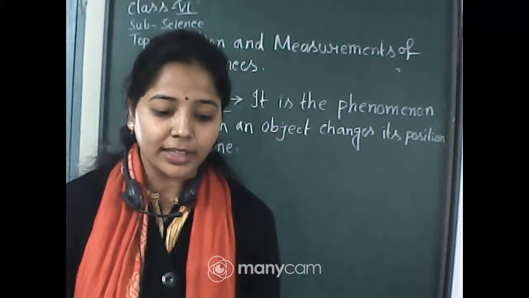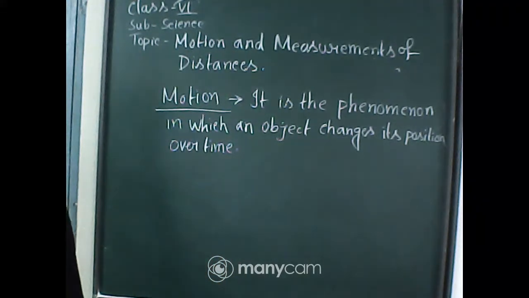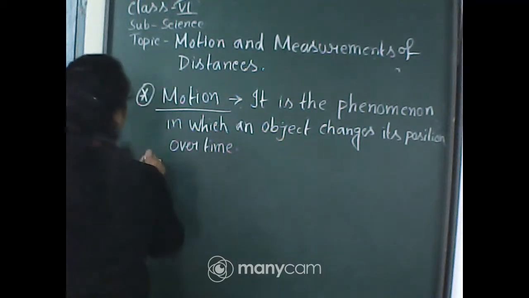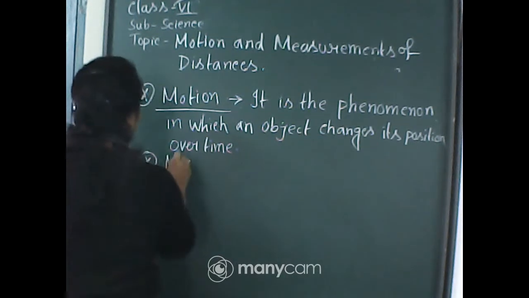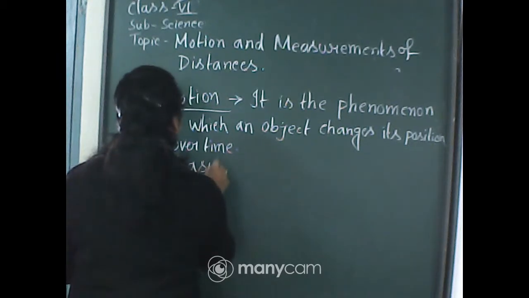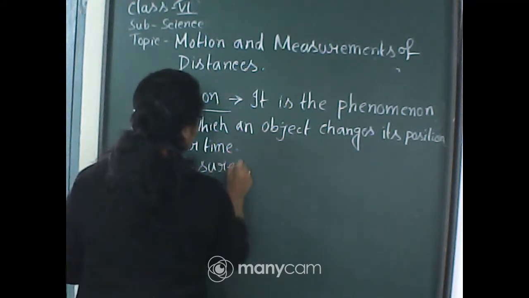Now comes another term known as measurement. What is measurement? Measurement is a numerical quantitation of attributes of an object or event which can be used to compare with other objects.